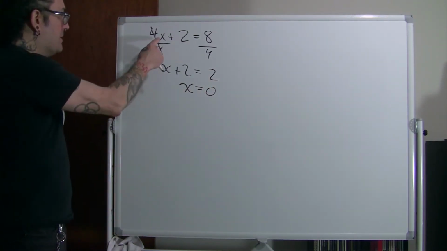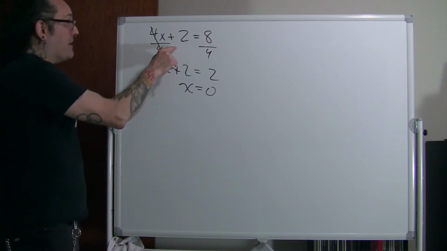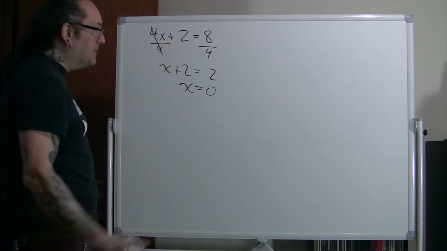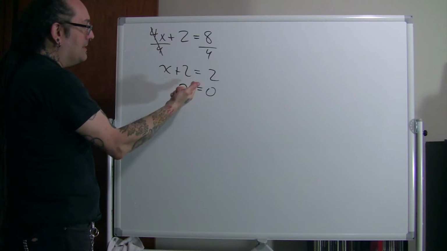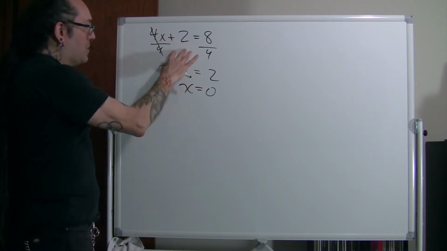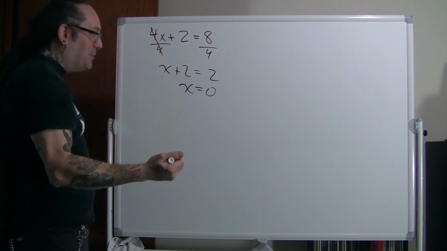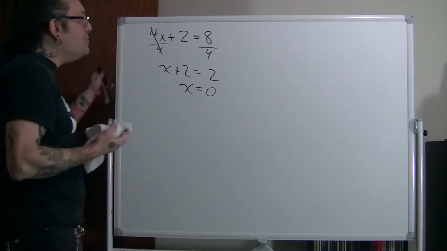If I put 0 in here, 0 plus 2 is not 8. But I introduced an error because I have to divide everybody by 4. I didn't do that here. I changed what's going on both sides of the equation. I didn't do anything with this. I have to. But I introduced an error by trying to divide by 4 first. So we're not going to do that.